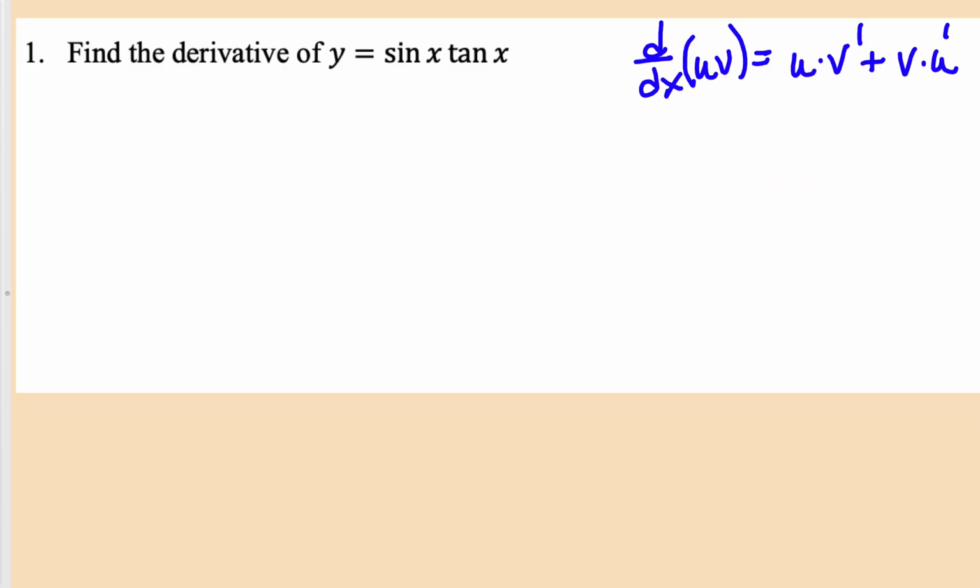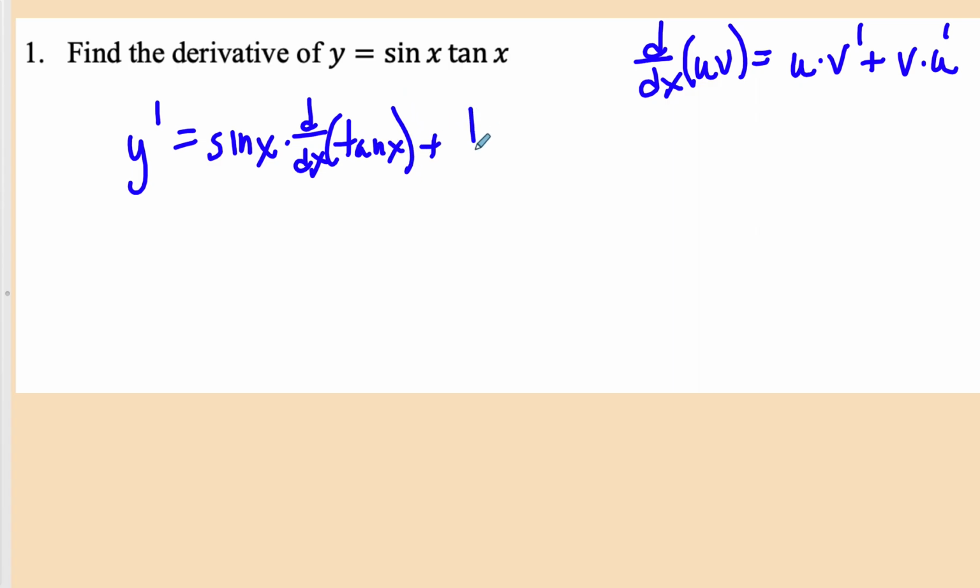Let's take a look at this next example. We're going to try to find the derivative of this product. So that means we're going to use the product rule. Y prime is equal to the sine of x times the derivative of the second function, which is tan x, plus tan x times the derivative of sine of x.